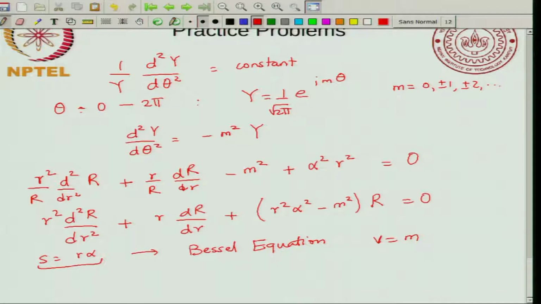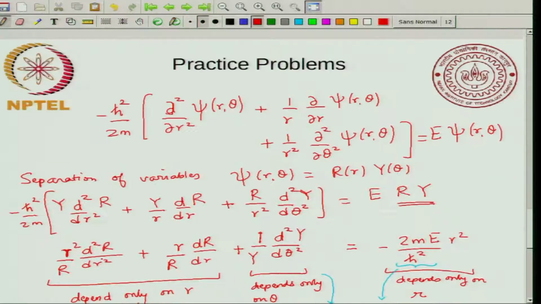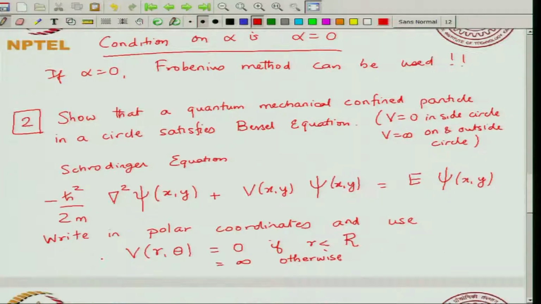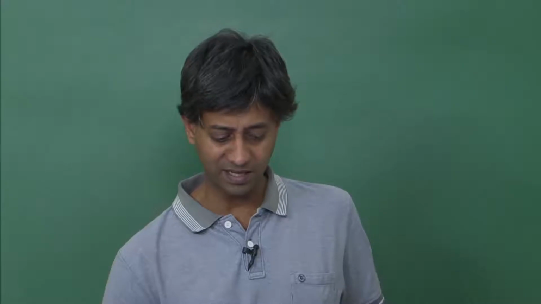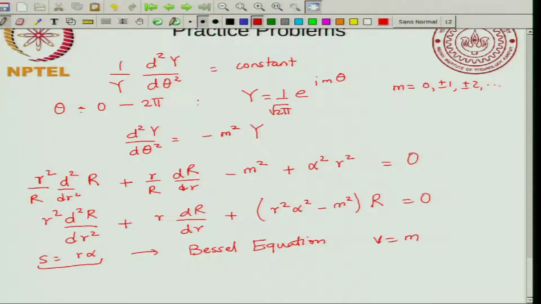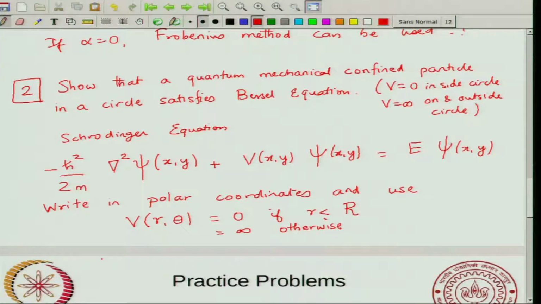We would have expected this, because the problem that we have, the quantum mechanical particle confined to a circle, is just like a circular drum. So you have a Schrodinger wave equation with the drum boundary conditions. Incidentally, actually let me change the label for the radius, I'll just call it a. a is the label for the radius.